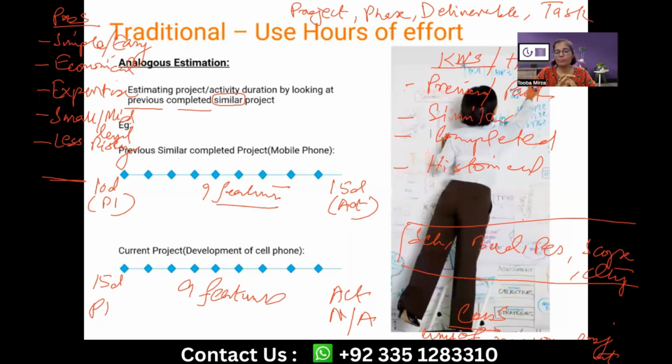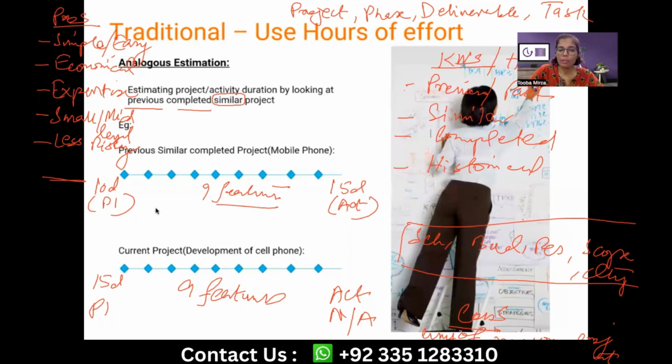What does that mean? For instance, in this scenario, I have not really talked about the resources and the cost as well, right? So for instance, on this project, or maybe it's not a project, it can be considered as a deliverable as well, because 10 days, 15 days usually doesn't apply very well on a project level.